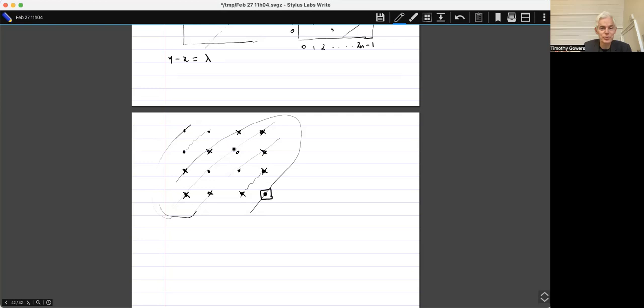But if I choose any point, it's going to rule out 1, 2, 3 other points. So let's just arbitrarily pick one. I'll pick that one here. That's going to rule out 1, 2, and 3. And now I'm left with 2 that are in the same row. But why did that happen?